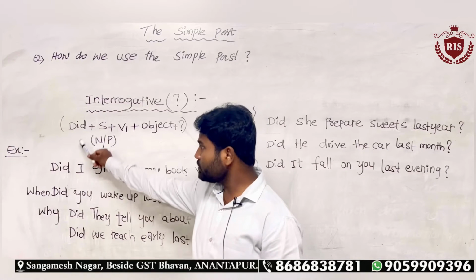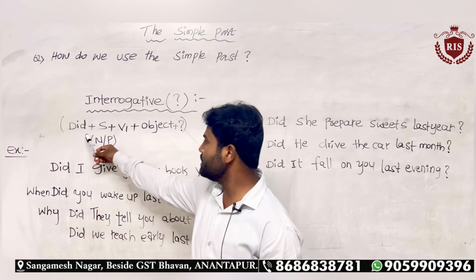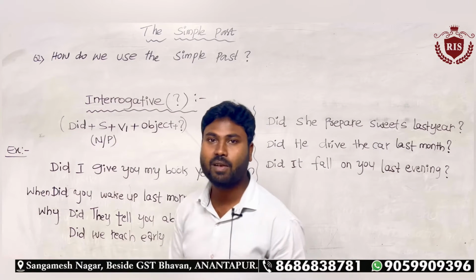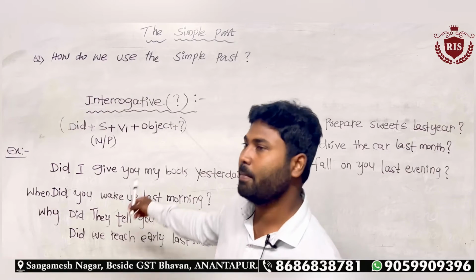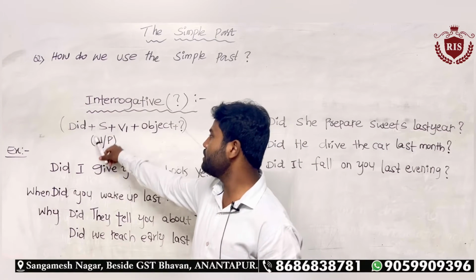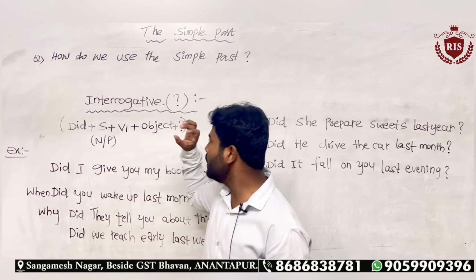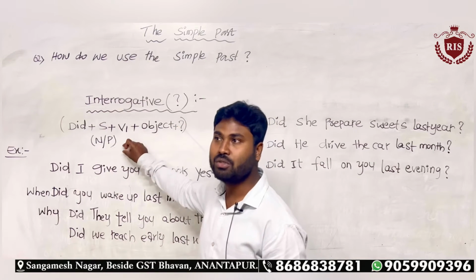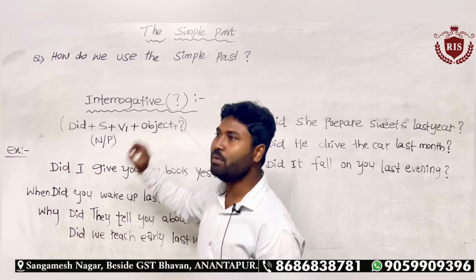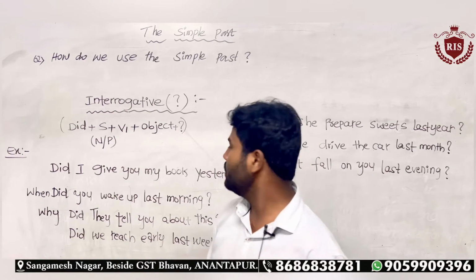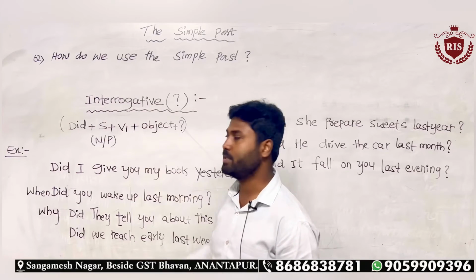So here the formula is did plus subject plus v1 plus object. Here v1 refers to the infinitive form. In place of subject you can take a noun or pronoun. This is the formula that we use to frame the interrogative sentence in the simple past, in the sense the question form.